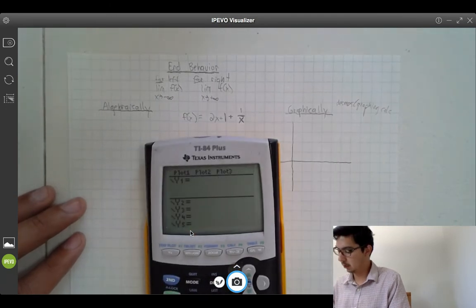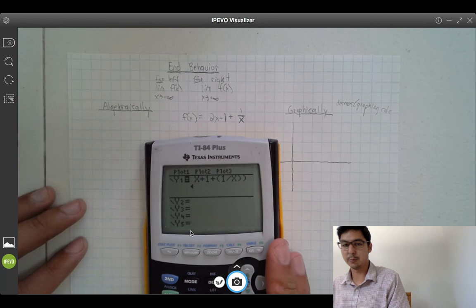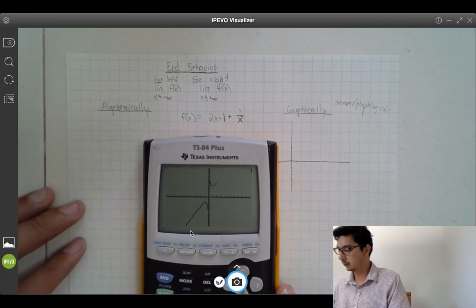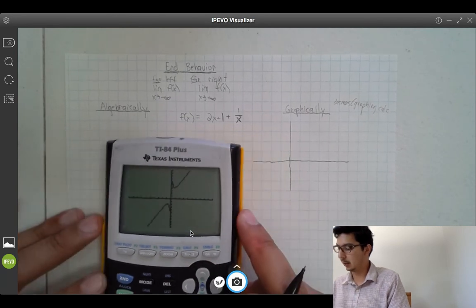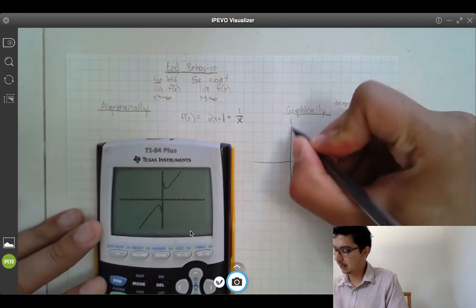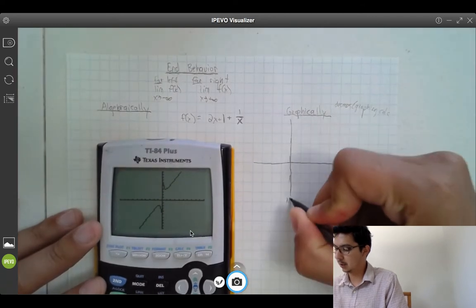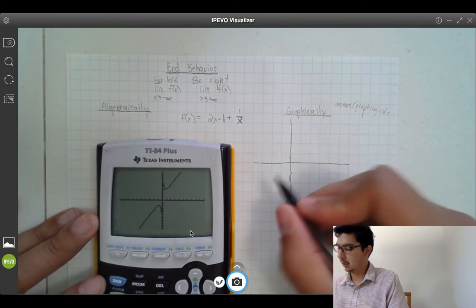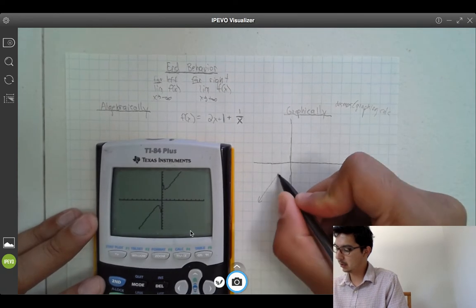We're going to do 2x plus 1 plus 1 over x. I'll put in extra parentheses, I really need to there. And graph. It looks like it does something like this, where you have a vertical asymptote at 0, because we can't plug in 0 here; if you plug in 0, you can't divide by 0. And the graph looks something like this.